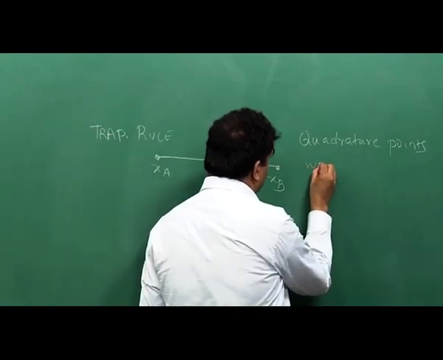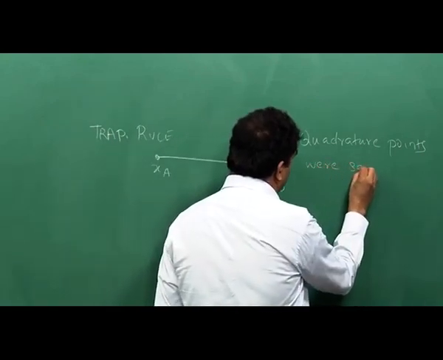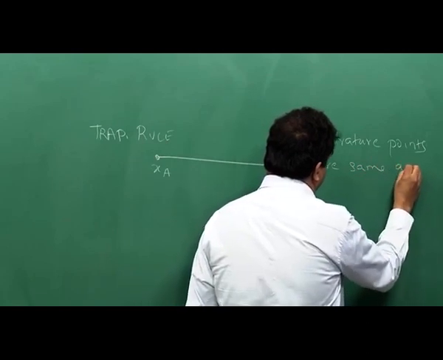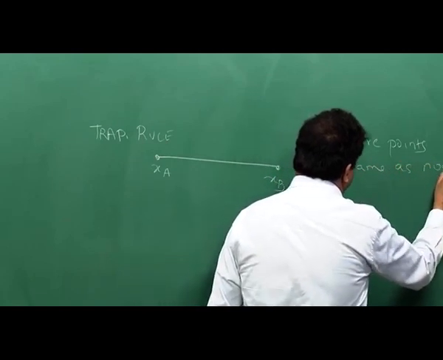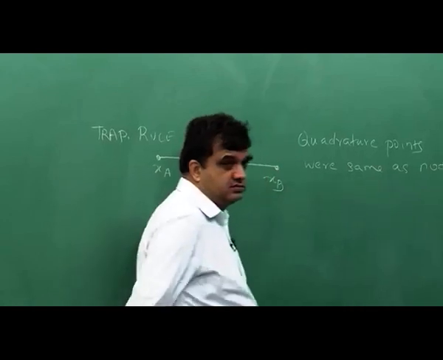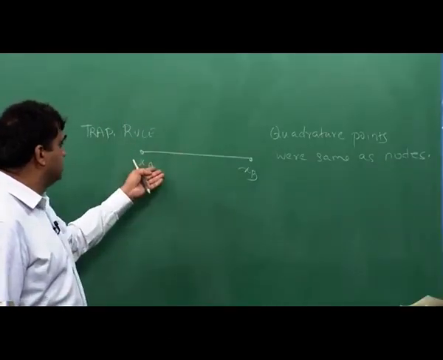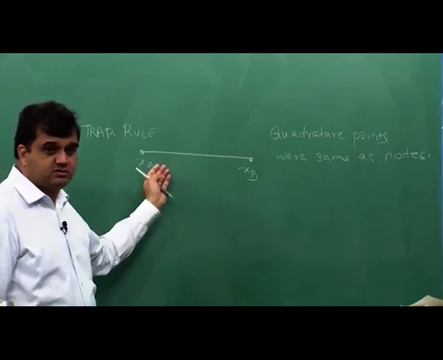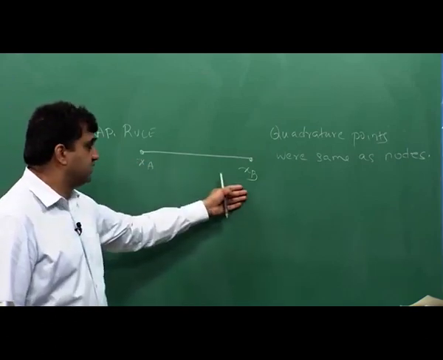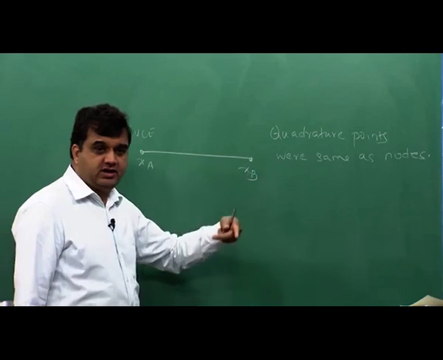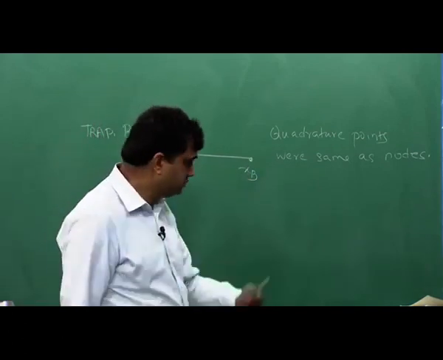Were same as nodes, right? For a linear element, the trapezoidal rule is where we have two nodes. So nodes were xa and xb, and that is where we calculated f1 and f2.